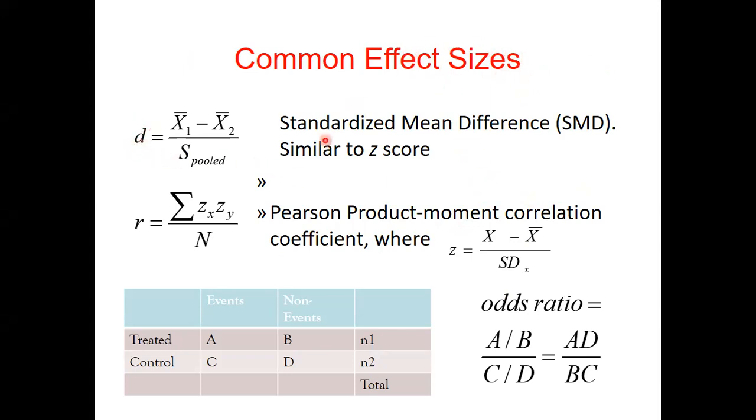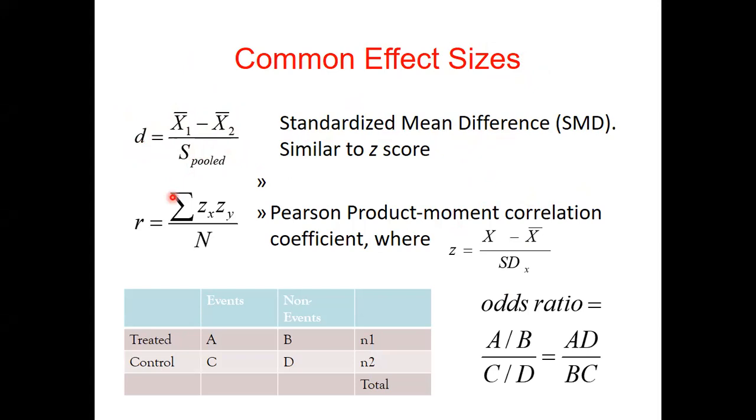The standardized mean difference is normally the difference between the first mean and the second mean divided by the pooled standard deviation, or the pooled variance, actually.